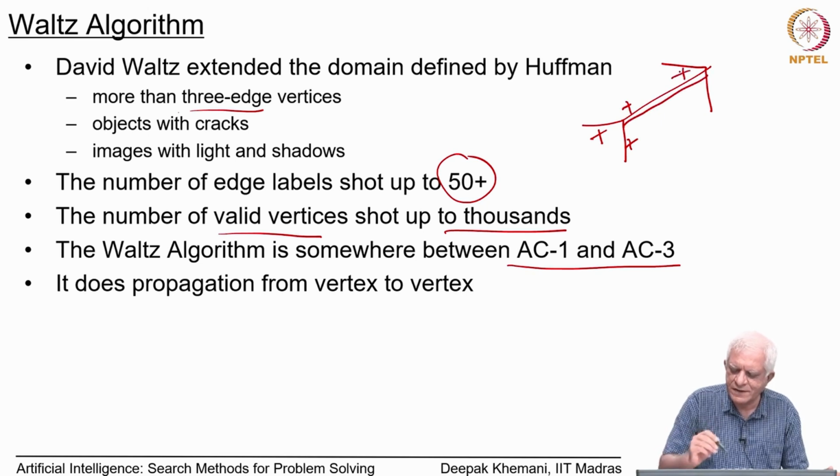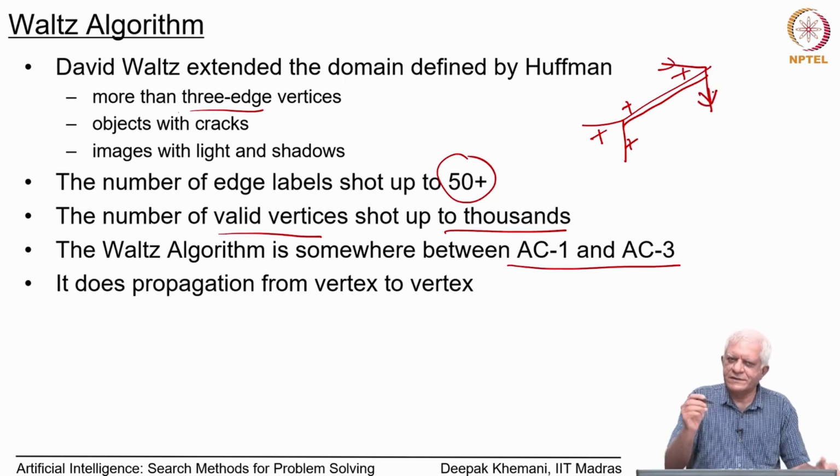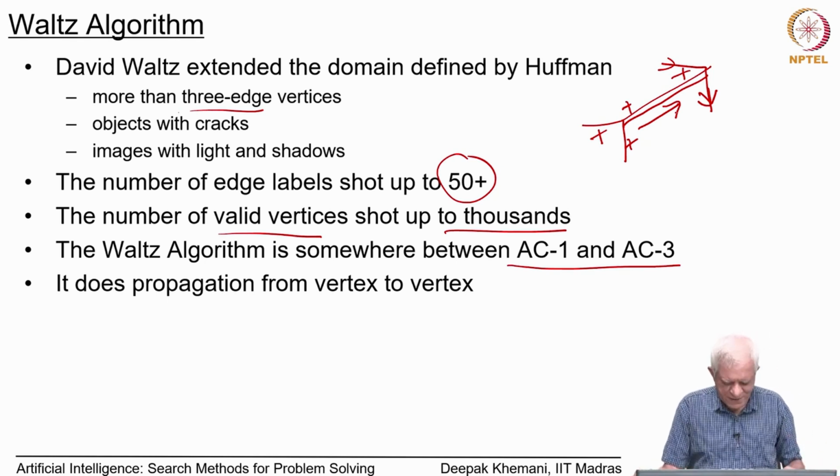So, this must be plus, and once that is plus, you are forced to choose something like this and this. It could be minus also, as you remember the set, but typically it would be like that essentially. So, propagation is happening from here to here and likewise, which is what we are doing in an AC3-like algorithm, and this is what Waltz's algorithm did for line drawings.